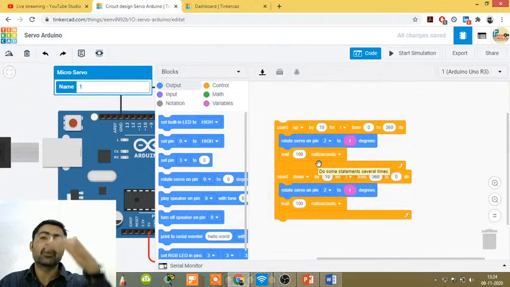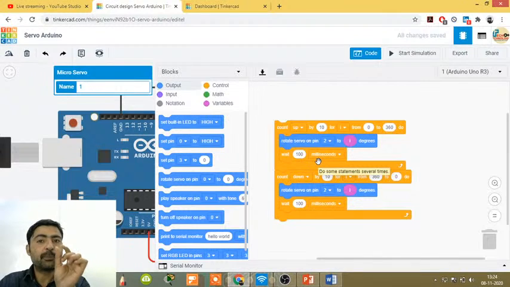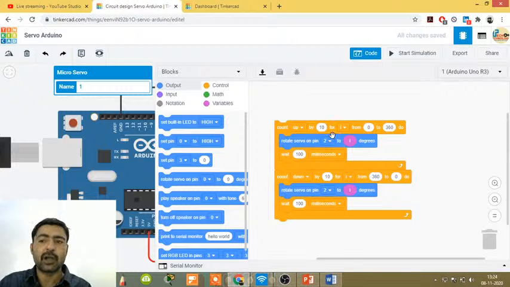What is counting? 1, 2, 3, 4, 5, or 10, 20, 30, 40, or 100, 200, 400. That is the variable value or fixed value you are giving in the increment of your count. So we are giving the value of 10. So this count is increasing on every cycle. It is increasing from 0 to 360 with an increment of 10 count.